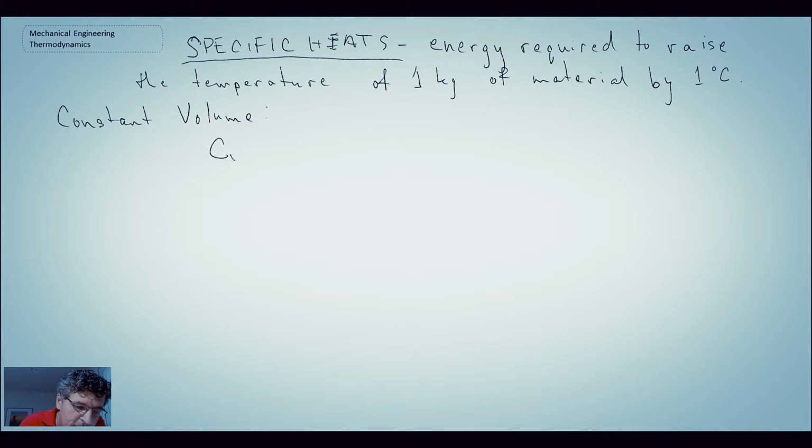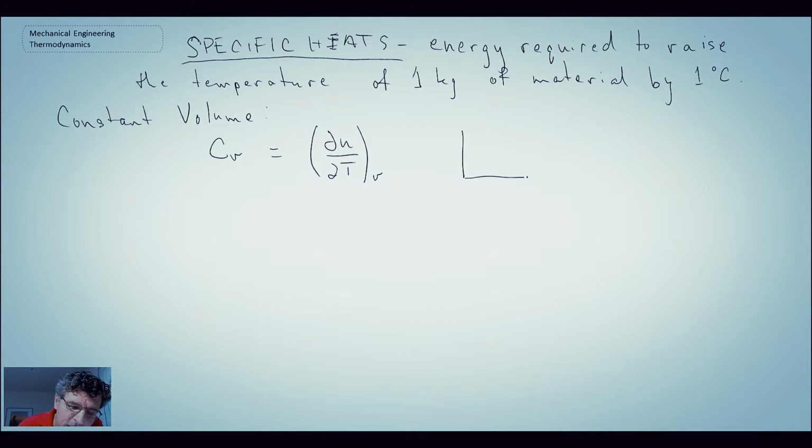Looking at specific heat at constant volume, we use capital C with a little subscript V. It is defined as the partial derivative of the internal energy with respect to the temperature, with a little bracket with a V denoting that it is at constant volume. So what would our system look like?